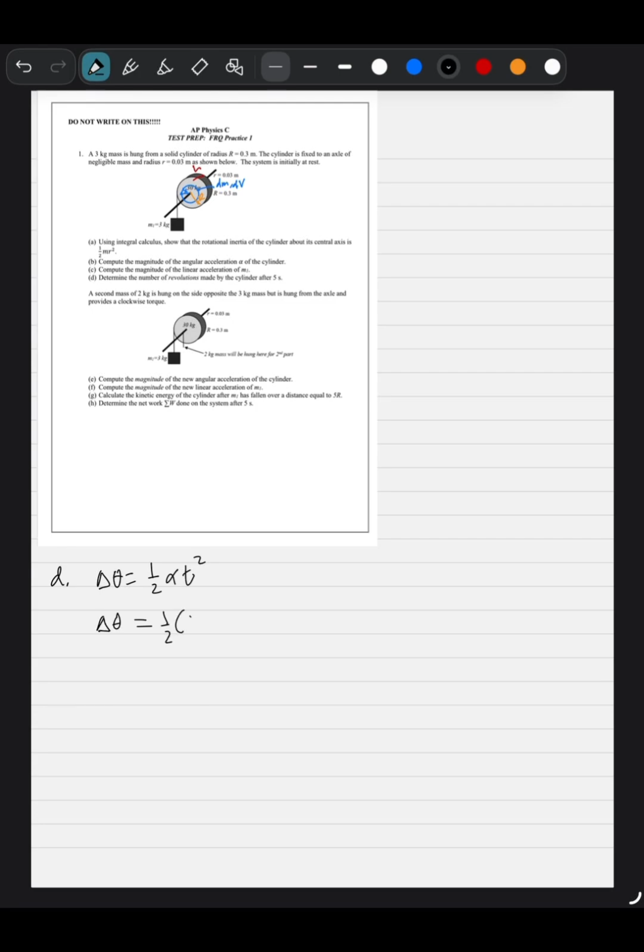Our angular acceleration is 5.44, and the time is 5. That would give us 68.05 rads, but it wants it in revolutions, so we'll convert it by dividing by 2 pi, and that would give 10.831 revs.